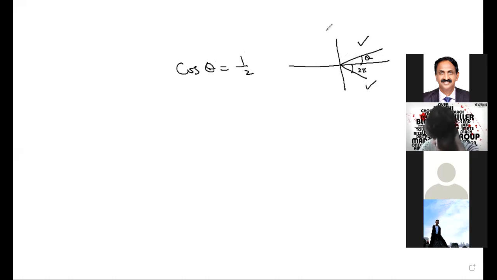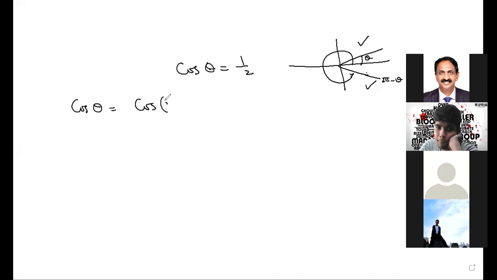We measure it in the opposite way. The other angle that you should calculate is 2 pi minus theta. That means if cos theta is positive, cos theta and cos 2 pi minus theta will be equal. If cos theta is negative, in which two quadrants?